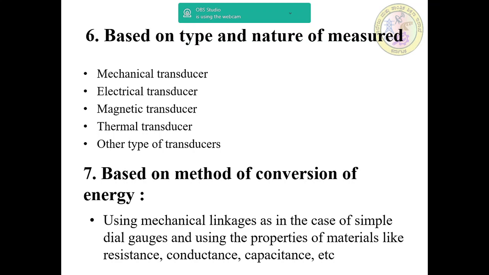Mechanical transducers are used to measure position, velocity, force, torque, etc. Electrical transducers are used to measure voltage, current change, and electrical conductivity, etc. Magnetic transducers are for measuring magnetic field, flux, and permeability, etc. Thermal transducers are for measuring thermal conductivity, specific heat, etc. Other types of transducers include acoustic, ultrasonic, chemical, optical, and laser, etc.